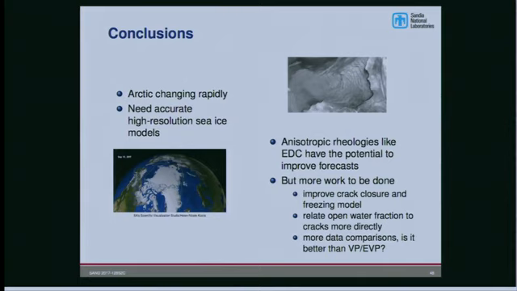And so that is somewhat of a limitation. So we know that there's some fraction of open water in a cell, but we don't know what the orientation is, what the orientation of the high thickness ice is. And so tying it directly to the ice thickness distribution would be, I think, a good thing to do.